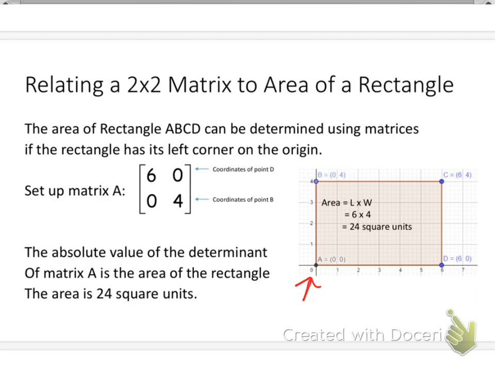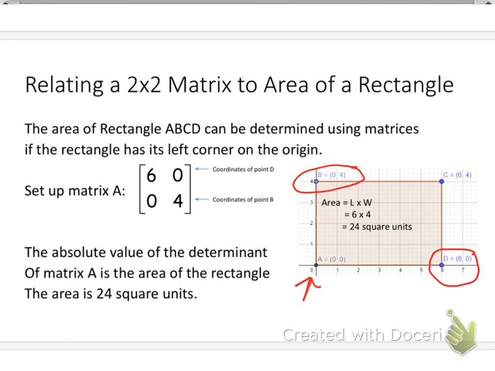So set up matrix A. So look what matrix A is composed of. Here are the coordinates at the furthest x point. Here are the coordinates at the furthest y point.